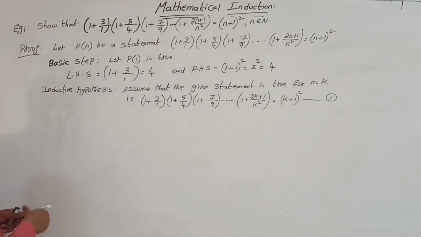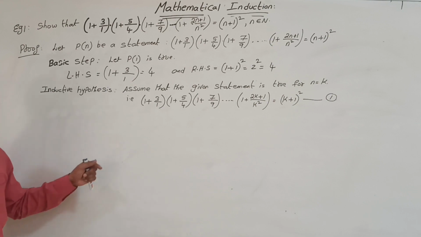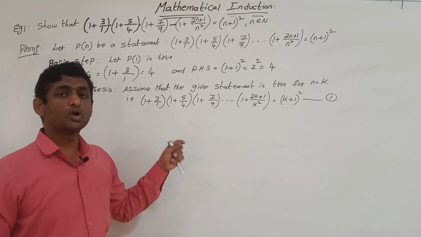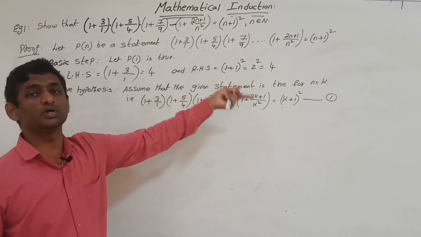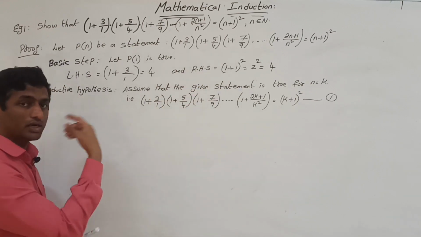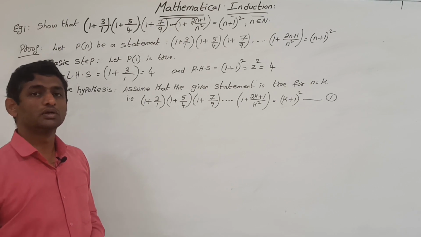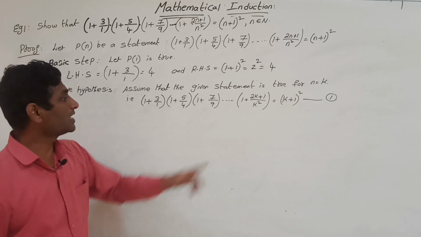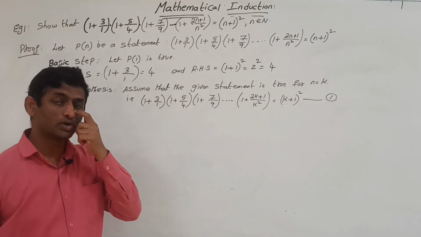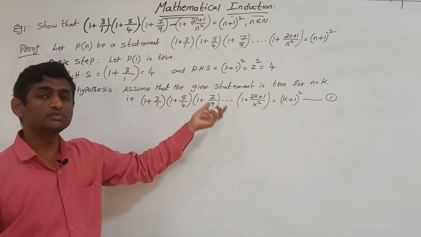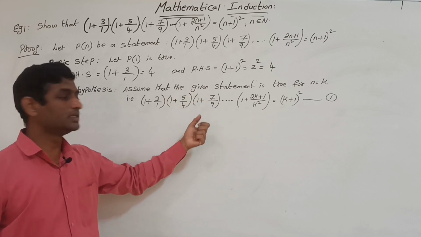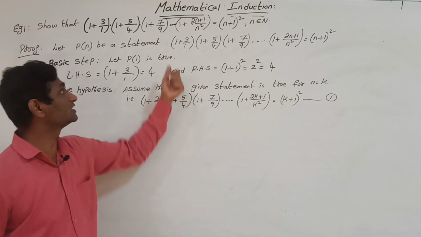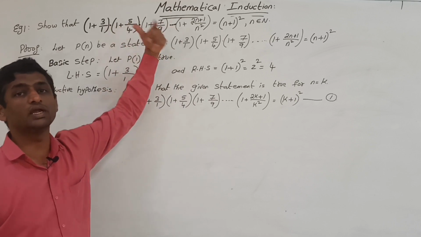Now, what is our goal? It is to prove that the given statement, the product of k plus 1 terms, should also be true. So in order to have the k plus 1 terms, as it is a product of k terms, what term should be multiplied? In this case it is multiplication, because the statement is a product of k terms.